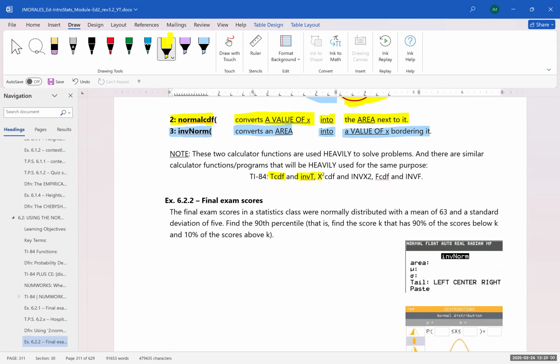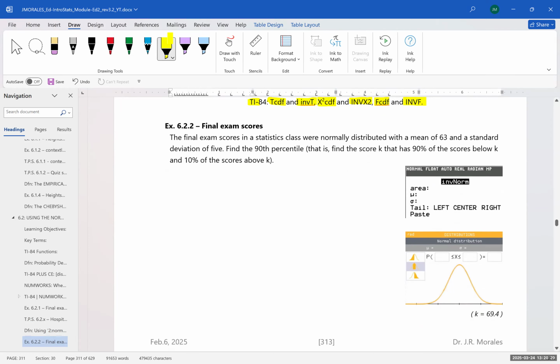We have a chi-squared CDF function, and I wrote an inverse chi-squared program for the Texas Instruments calculator. There's an F CDF function, and I wrote an inverse F function for the Texas Instruments calculator. Those functions come native with NumWorks, so extra programs won't be needed there.